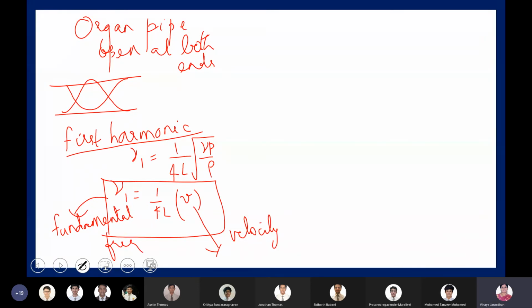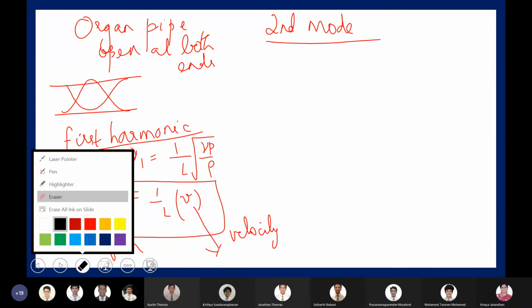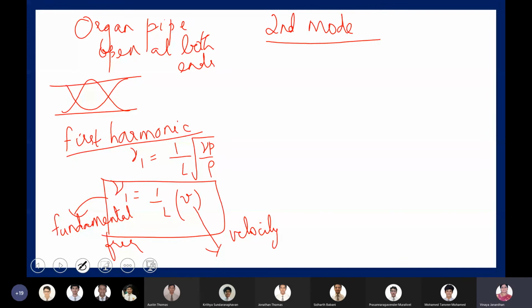Then the second mode of vibration, there your nu2, sorry boys, this is 2L. This is the organ pipe open at both the ends. Was the previous one also the same? I gave the same thing, I have not made any change.